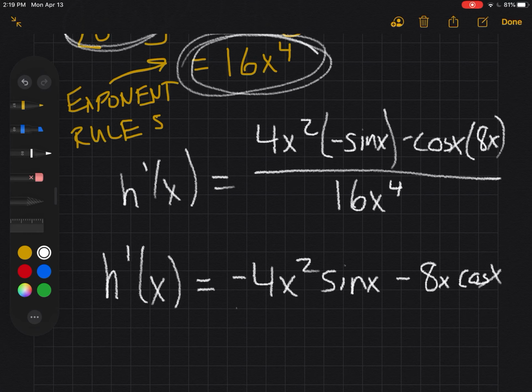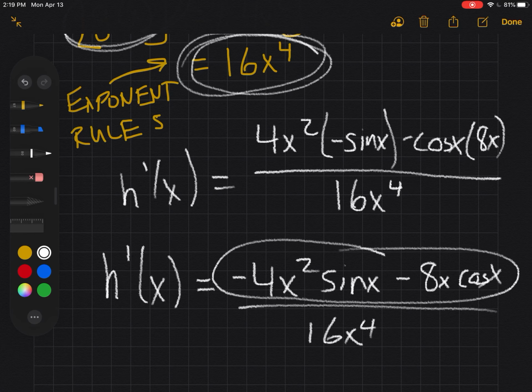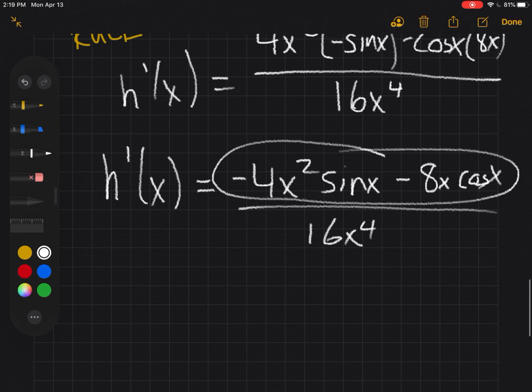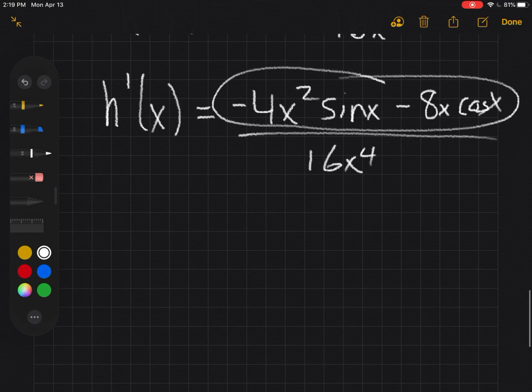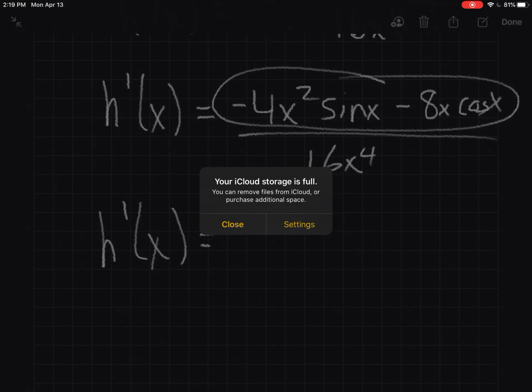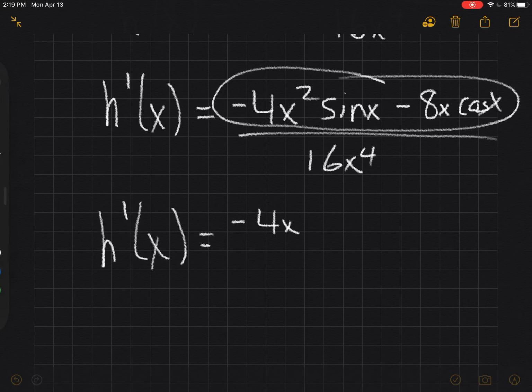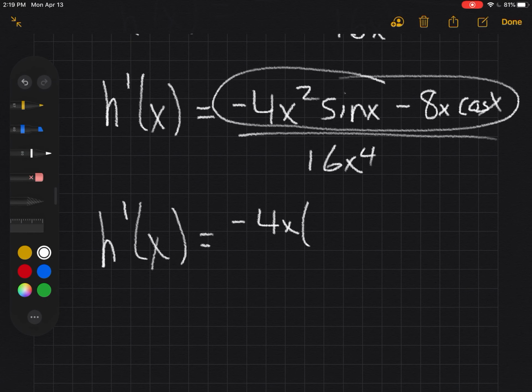I'm going to do some cleaning up here. So then that gives me h prime of x equals negative 4x squared sine x minus 8x cosine x all over 16x to the 4th. I'm going to look in my numerator for the greatest common factor.